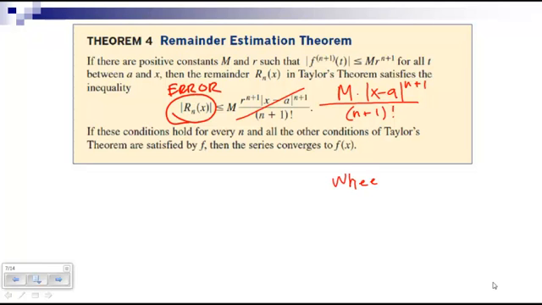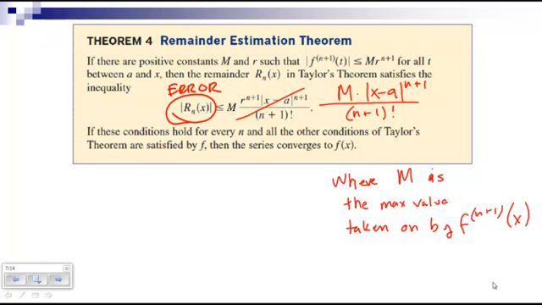Did I tell you yesterday what M is? Maximum value taken on by the n plus 1 derivative for values between a and x. Okay, M is the max value taken on by f of n plus 1 derivative for values between a and x.